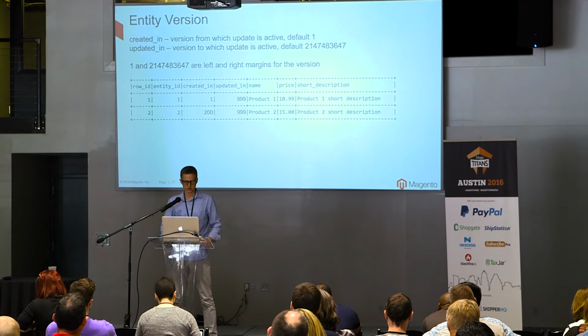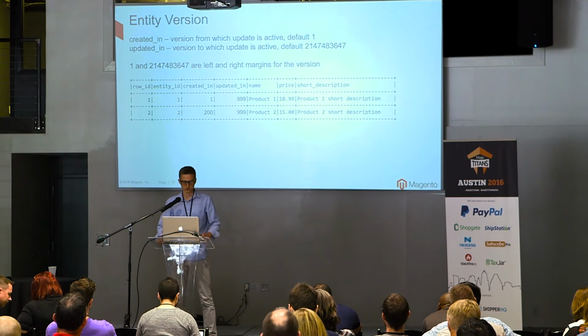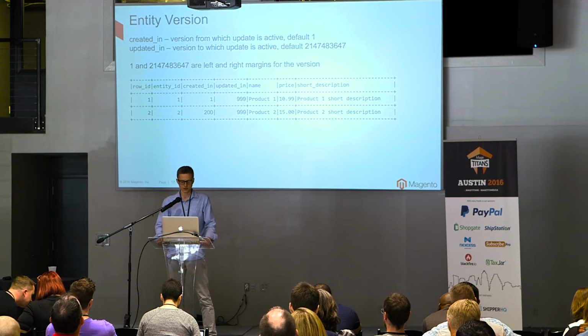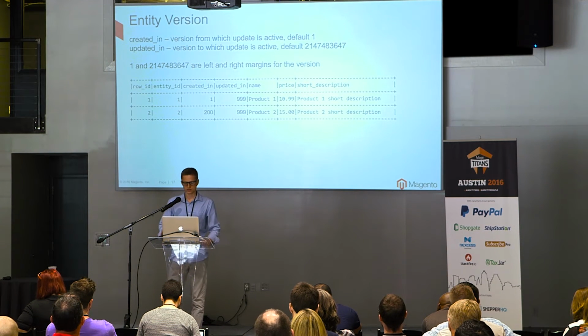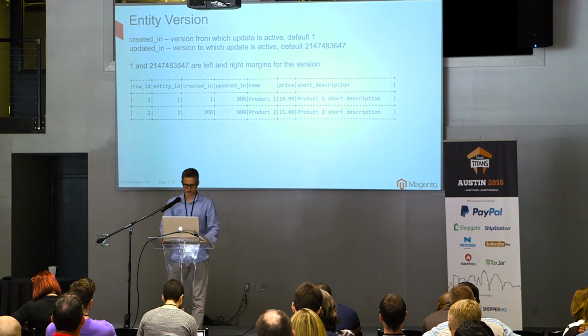If you take a look at the table, you will see that we have two products, and the first product has created in 1 and updated in 999. Let's agree that the right margin for the version is 999, just for simplicity, because I will be talking about versions on the next slides.